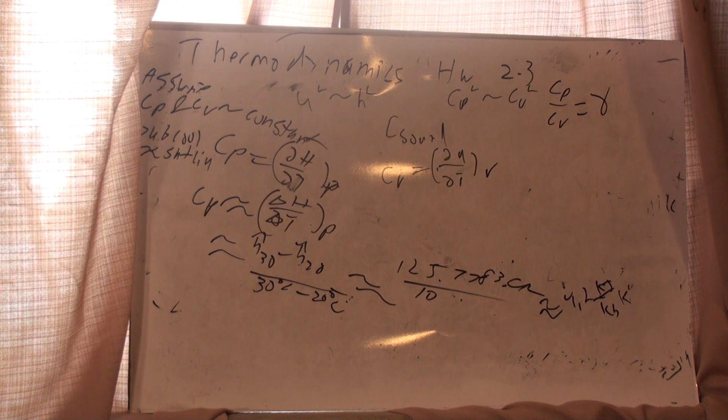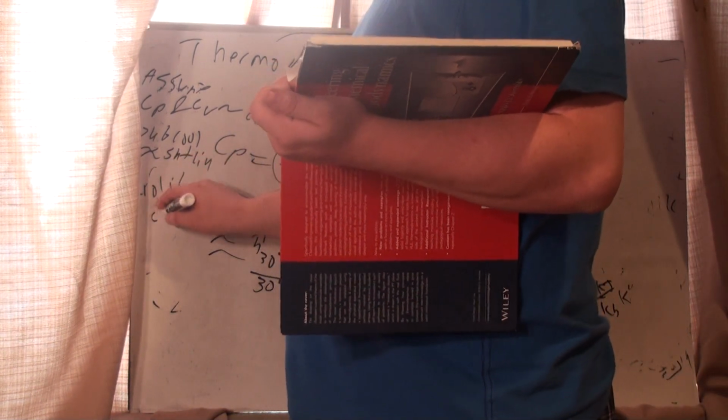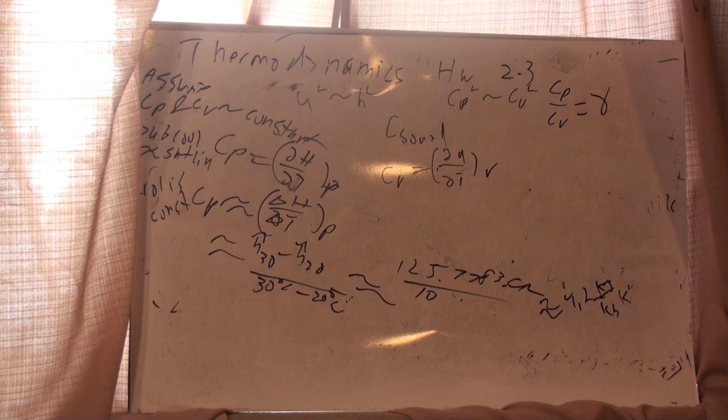So we could approximate what the temperature would need to be, what the enthalpy would need to be at those temperatures so that the volume was between them, but we're not going to do that. We're just going to assume that volume is constant. That's a very poor assumption in this case, but for the sake of simplicity, for what this exercise is meant to do, it's going to be okay, because we just want to see how different things are.